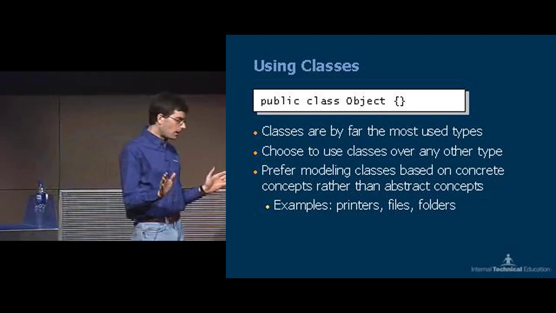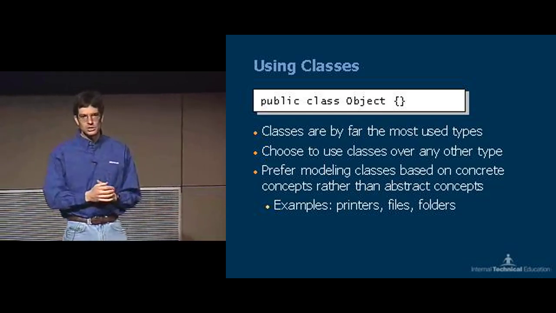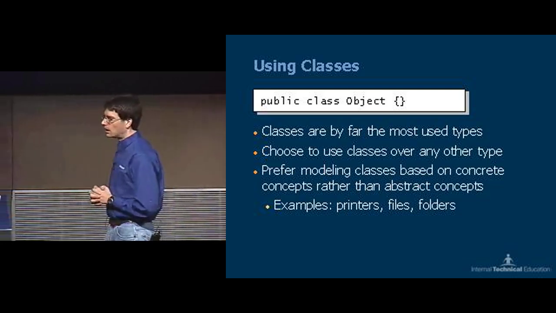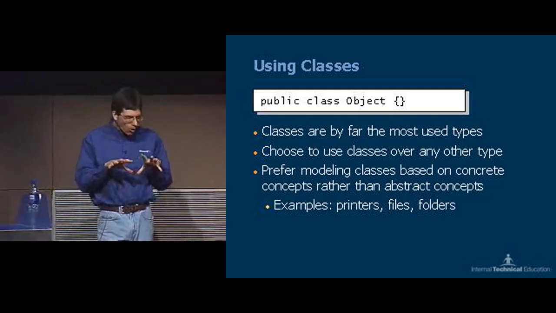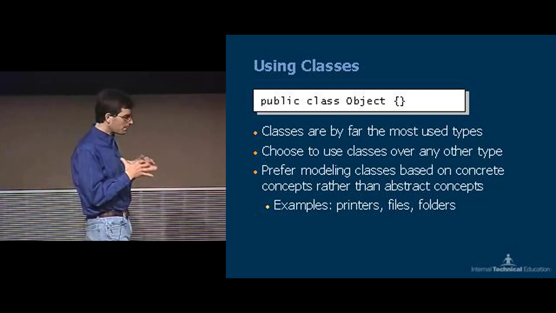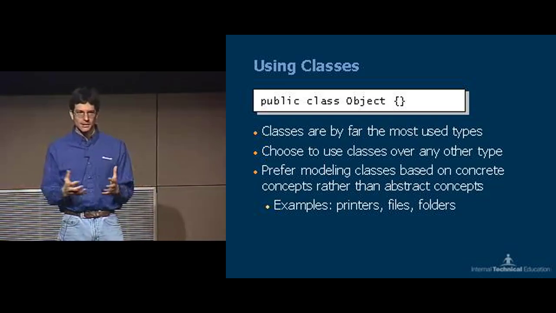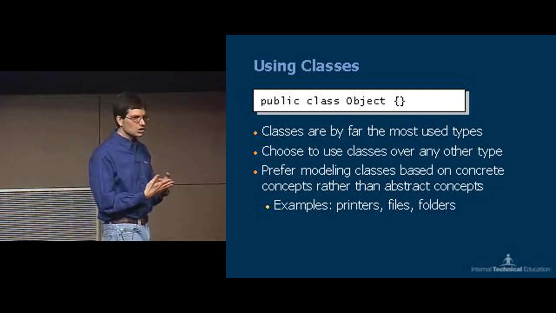Classes are by far the most common thing to use in the system. The default thing you should use is a class. For the core classes in your system, you should have some things that represent what I'll call concrete or common objects that developers can actually associate with.